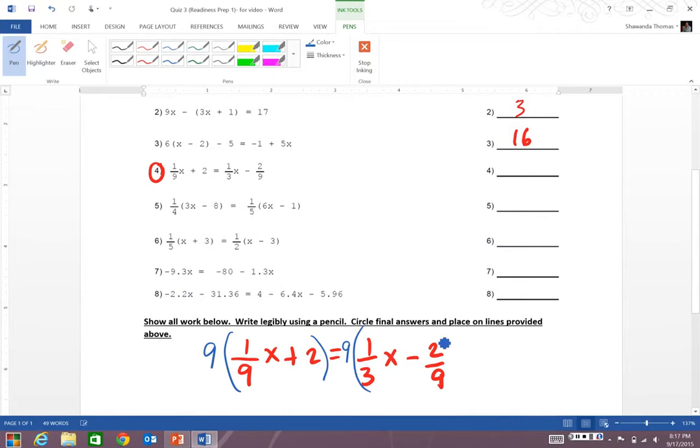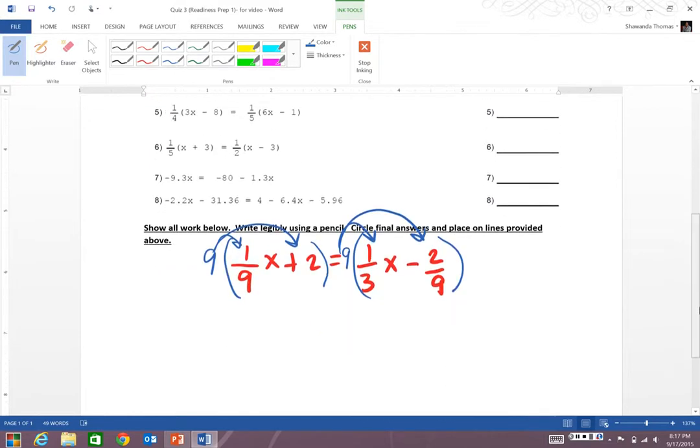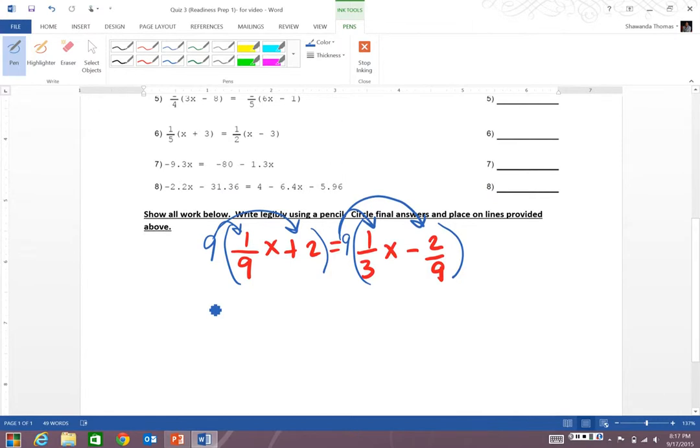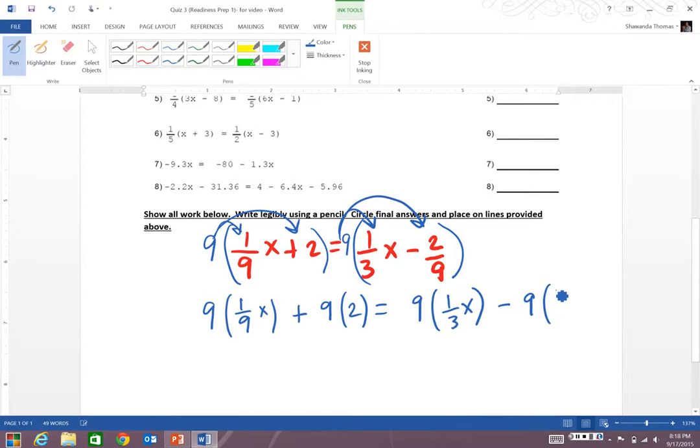If I multiply both sides by 9, I end up having to distribute this 9, of course, and I'm going to write it all out so you can see it. I need to multiply 9 times 1 over 9x. I need to multiply 9 times 2. I need to multiply 9 times 1/3 x minus, I need to multiply 9 times 2 over 9.